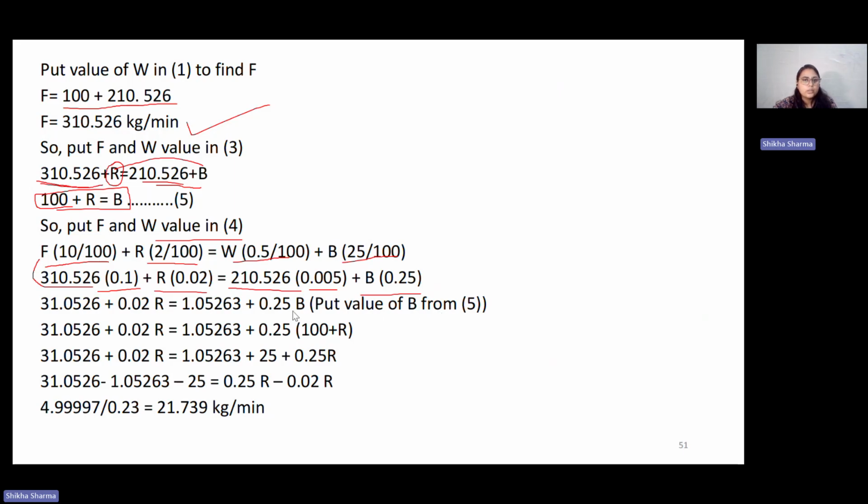Now we can put the value of B from here, which is 100 plus R. So this equation would be 310.526 into 0.1, which is 31.0526, plus 0.02 R equals 210.526 into 0.005, which would be 1.05263, plus 0.25 B, and we are putting B as 100 plus R.